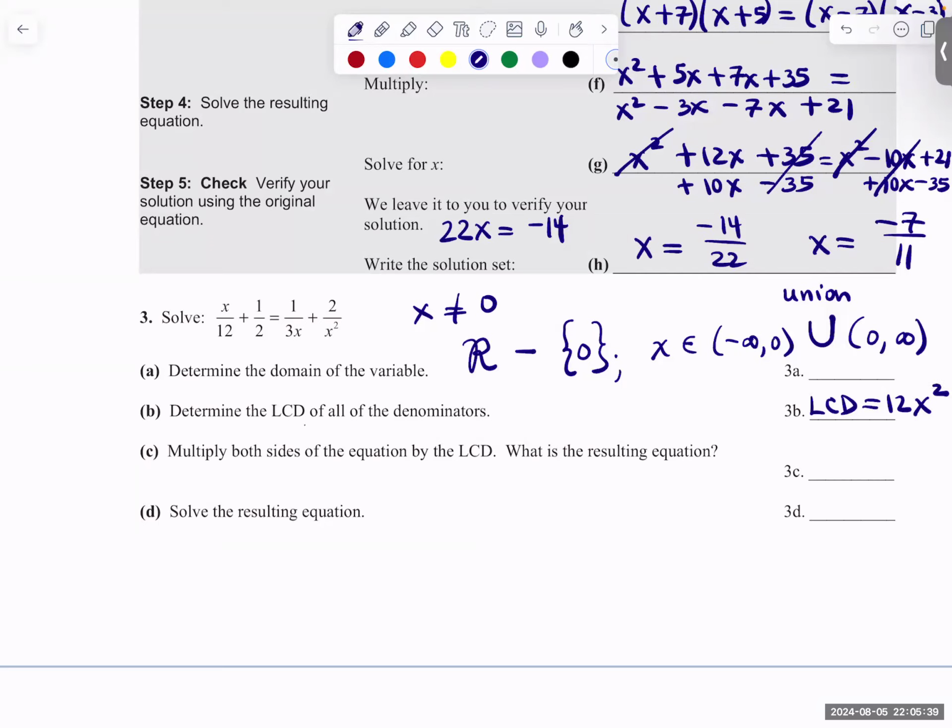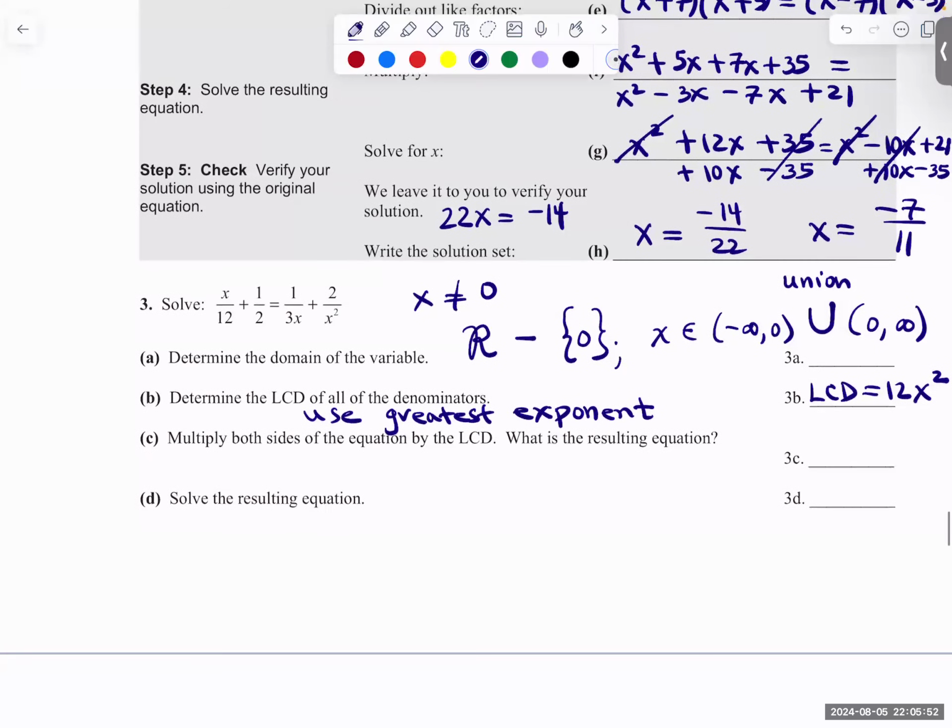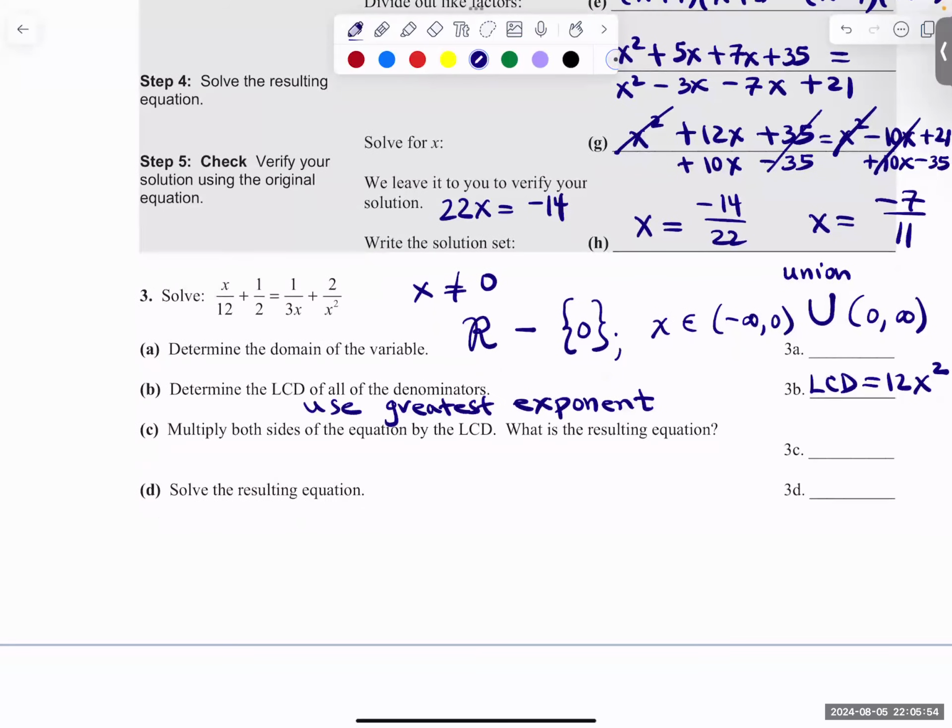So use the greatest exponent on x in the least common denominator. Multiply both sides of the equation by this LCD. What's the resulting equation? Let's do that here.